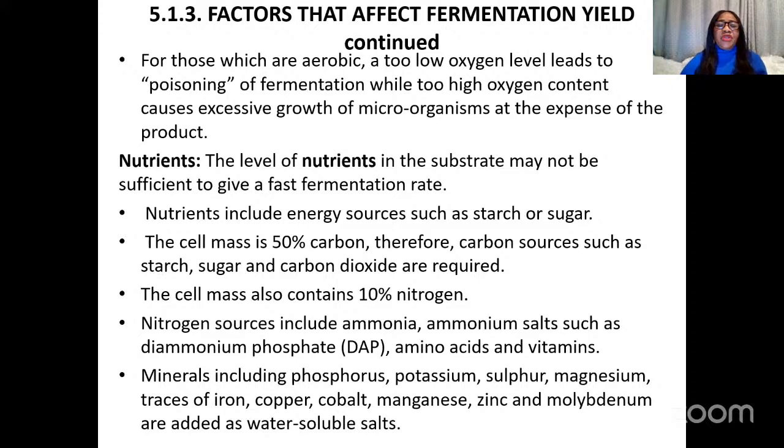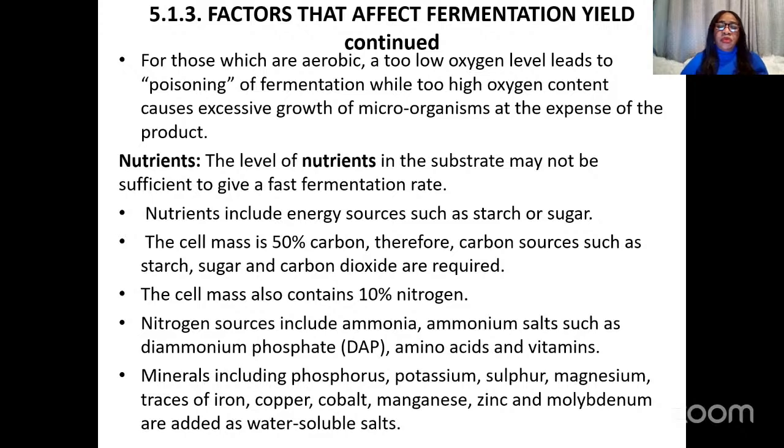Then another factor that affects fermentation yield is the level of nutrients in the substrates. May be sufficient, may not be. So these nutrients include starch or sugar. The cells of microbes contain 50% carbon. And so the carbon source for the growth is important.